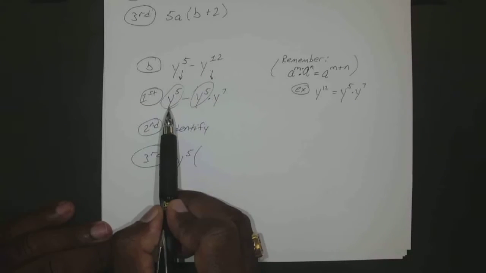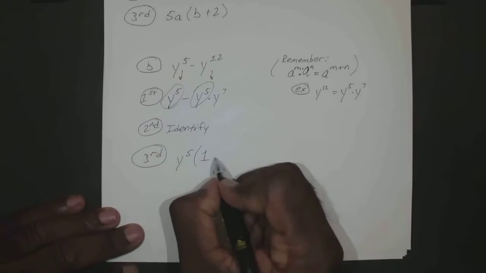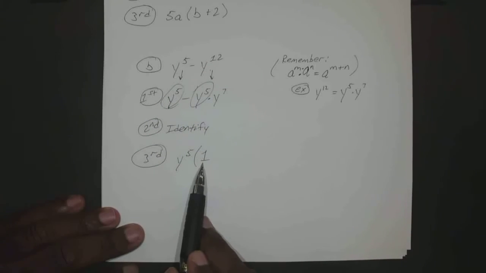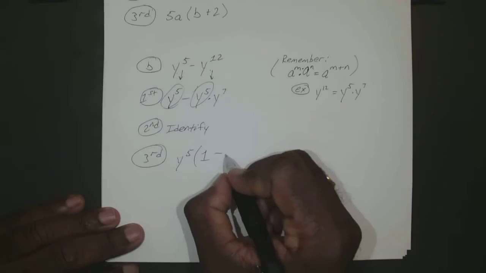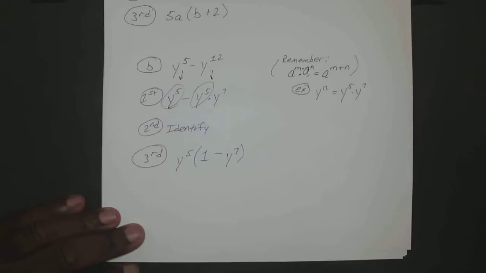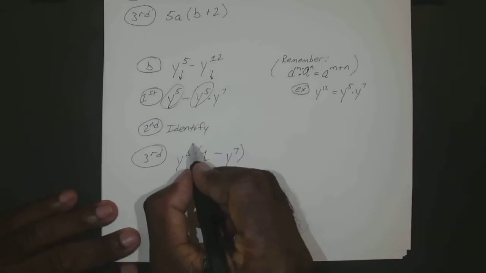And when there's nothing left, what goes there is a 1. Because remember, if you distribute that y to the 5th times 1, it just becomes y to the 5th again. And this one is left as y to the 7th.